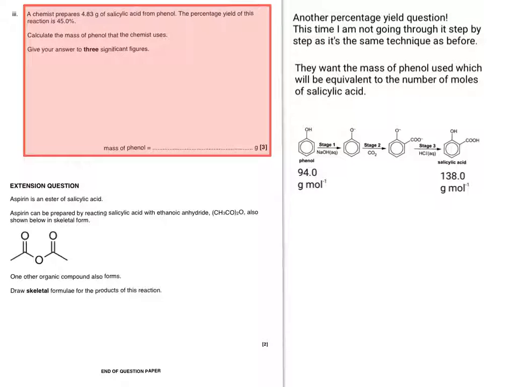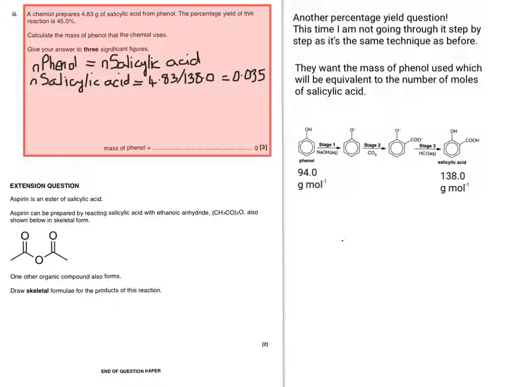So the first thing to do is to work out the MRs of your phenol and your salicylic acid. So now I can work out the number of moles of phenol. So I've worked out that the number of moles of salicylic acid is 0.035. So I can assume that the number of moles of phenol is also going to be 0.035, as you can see that I've put underneath the reaction scheme.